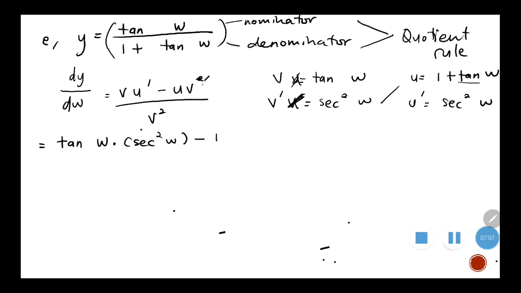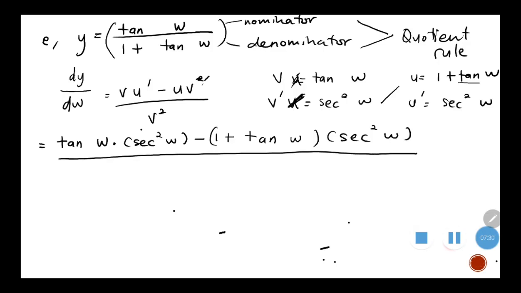Okay, 1 plus tan w times secant square w, over v square, which is 1 plus tan w square.